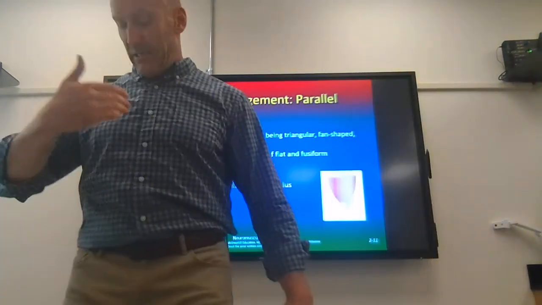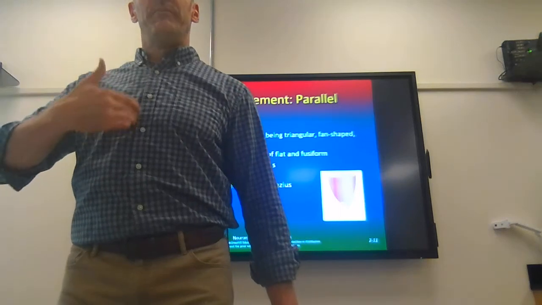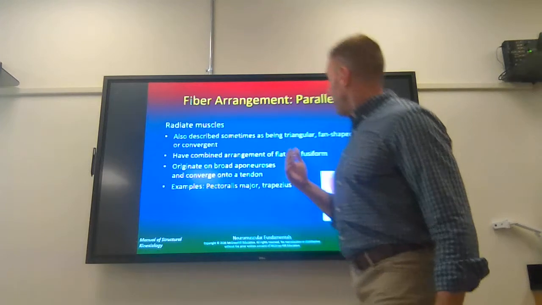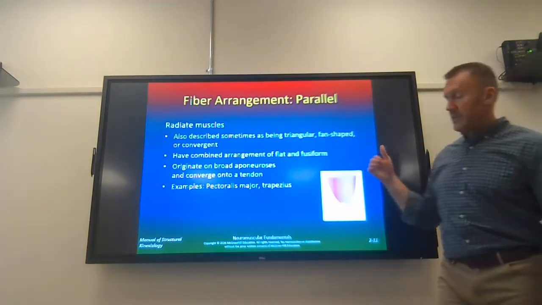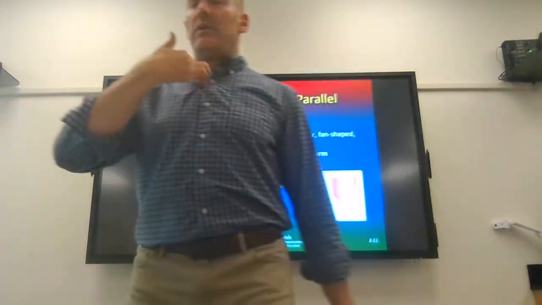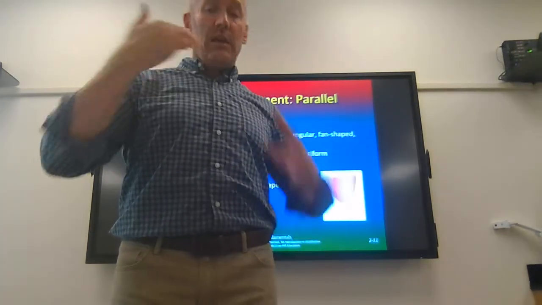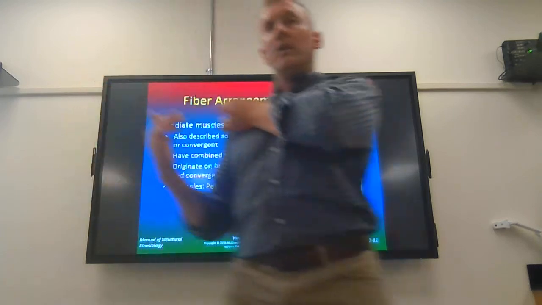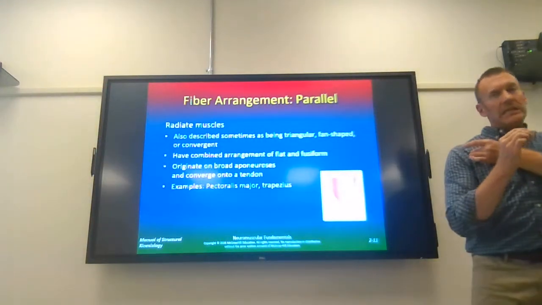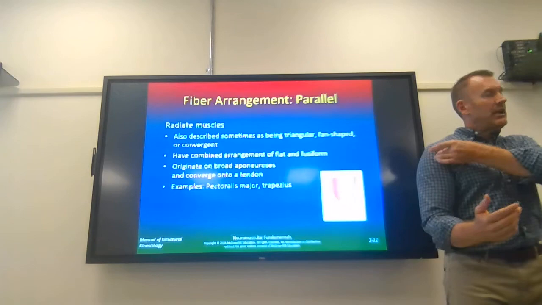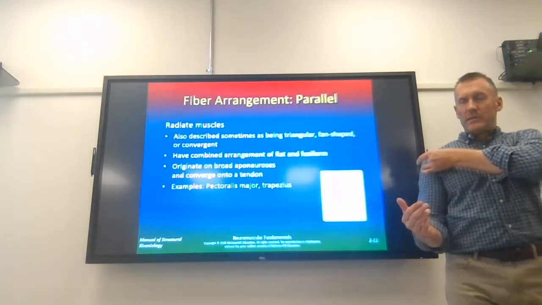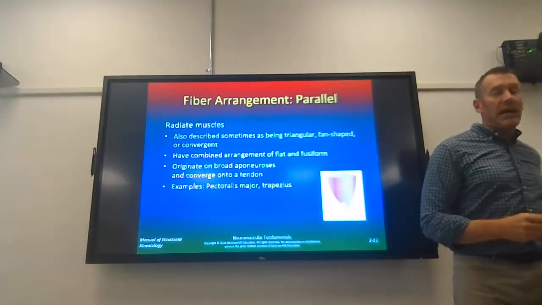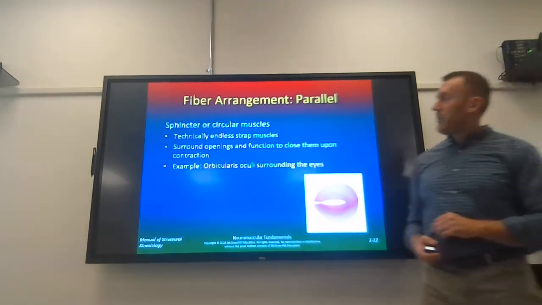So the pec major attaches right here to the sternum. And so I'll just answer my own question. That's the part that would represent the flat arrangement. Right here, all the way up the sternum. And then the fibers of the pec major taper down to a single tendon that attaches over here at the humerus. So the pec major is an example of this radiate type arrangement.